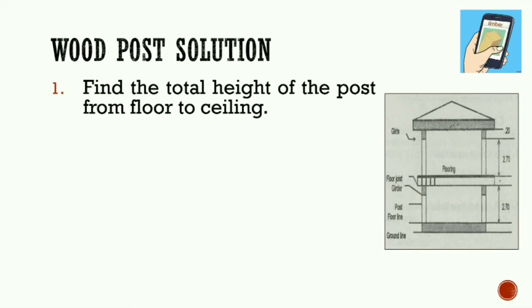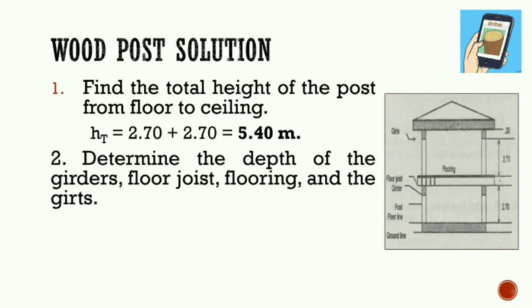First, you need to find the total height of the post from floor to ceiling. The total height would be 2.70 meters as indicated in the plan, plus 2.70 meters, which is equal to 5.40 meters. Next, determine the depth of the girders, the floor joist, flooring, and the girt.